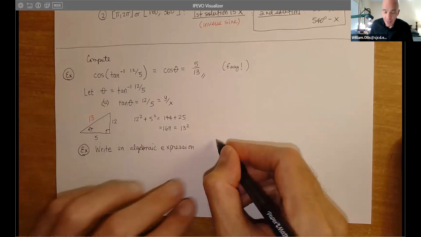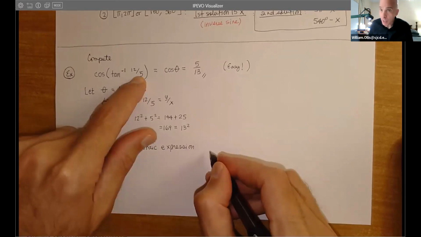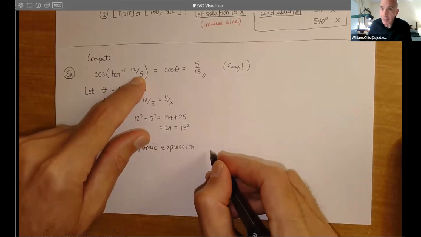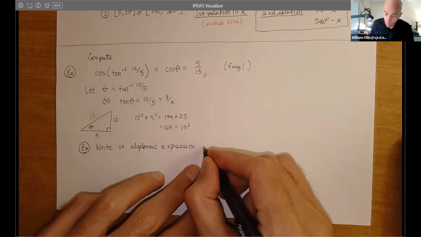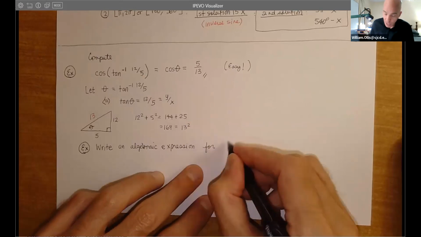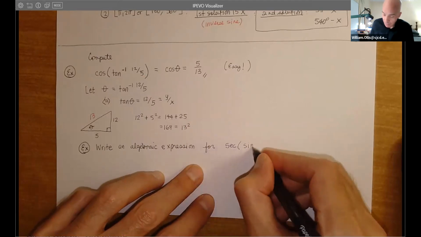It's going to have the same thing, but instead of the number here, we're going to have a variable. So we want something like this, but with an x in it. So write an algebraic expression for, I just made this up, secant of inverse sine of x.